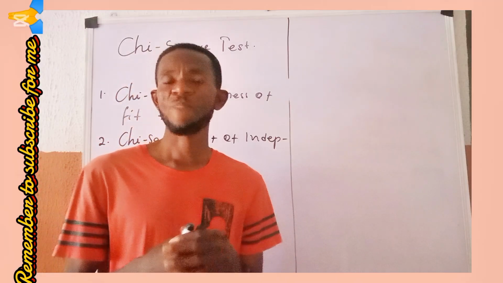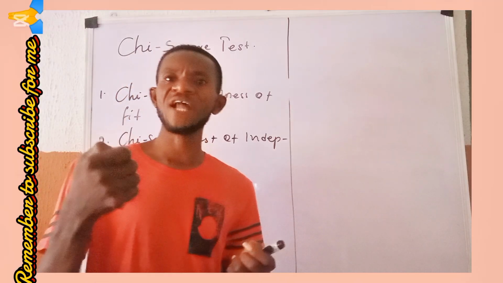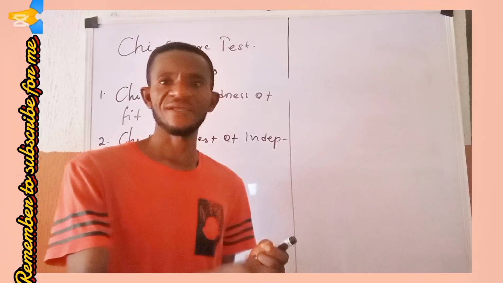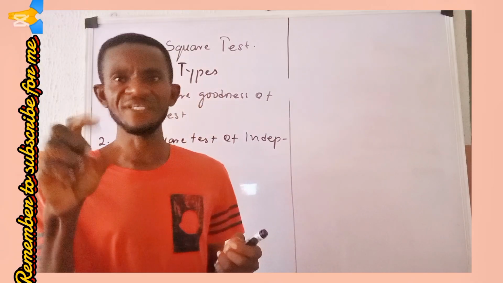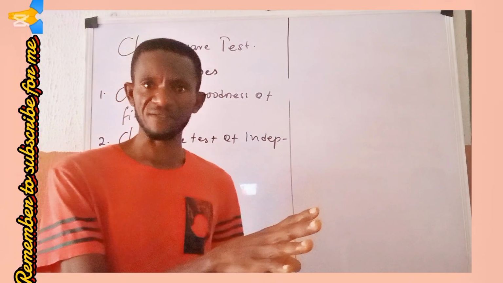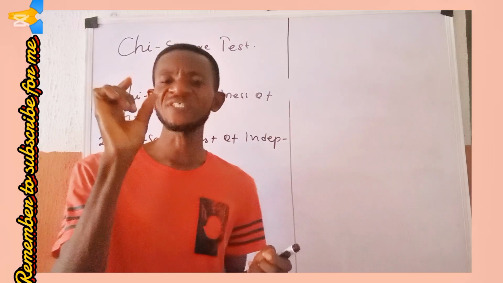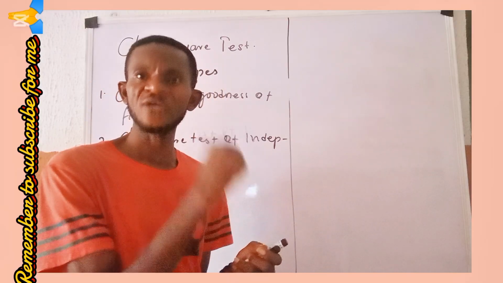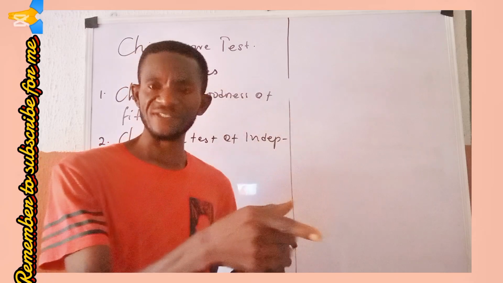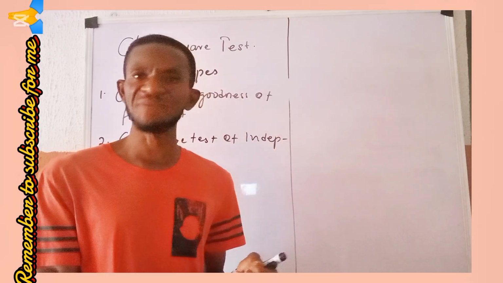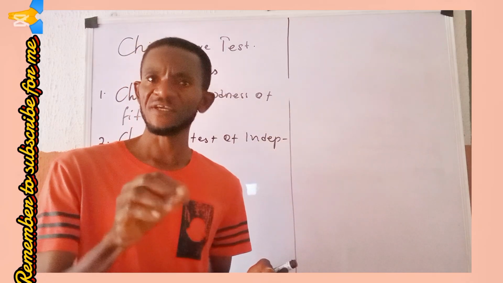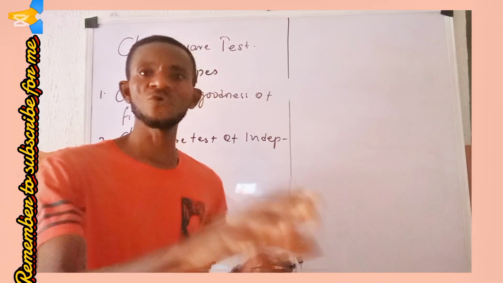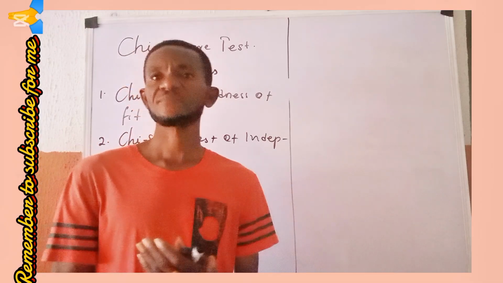That is to say, when a model is fit to data and we want to determine the adequacy of that model, the appropriate test used here is what we call the chi-square goodness of fit test. It is used to determine how well the model fits the observed data.